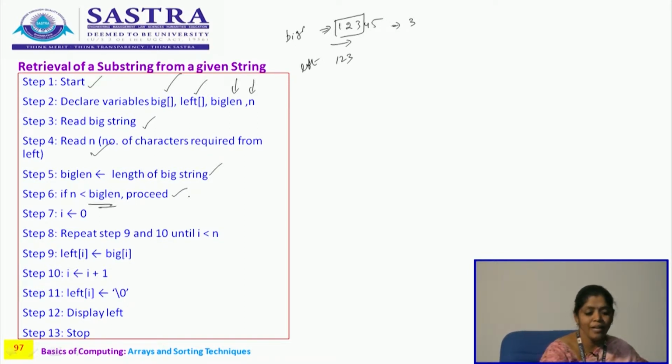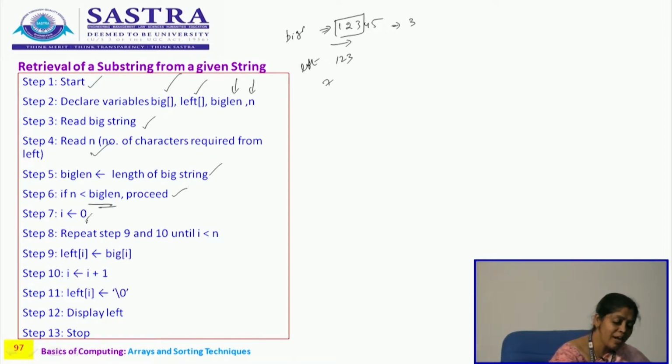Say for example, I am having a character string array of size 5, but if I am asked to retrieve 7 characters from it, how is that actually possible? When the number of characters is greater than the length, it is not possible. So, you can display that the retrieval is not possible, and then stop the program. If it is lesser, then it is a purely valid requirement, so we can proceed further.